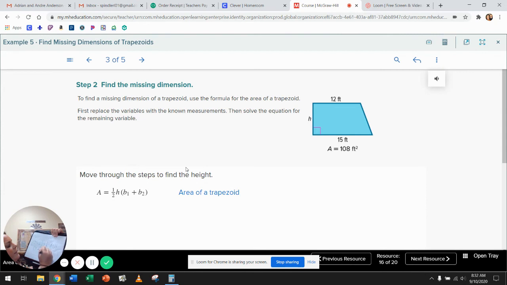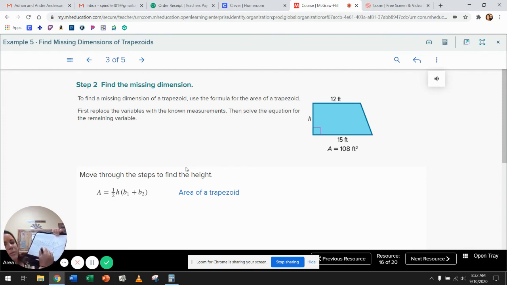I still have a half of the height. What I can do, to get rid of this 1/2, is multiply by 2. So I'm going to take 108 times 2, which would give me 216, equals h times 27.